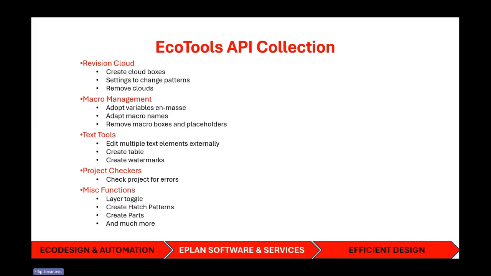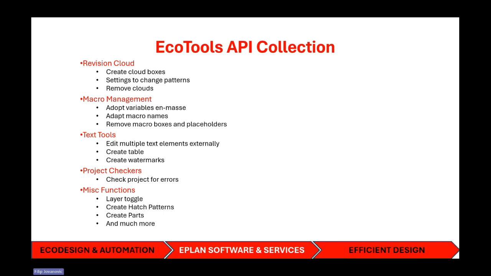These are some of the programs inside EcoTools, and as I've said before, it's a toolbox of different apps. The first app is the Revision Cloud, which allows us to cloud certain sections of your schematics to say that it's a different revision.